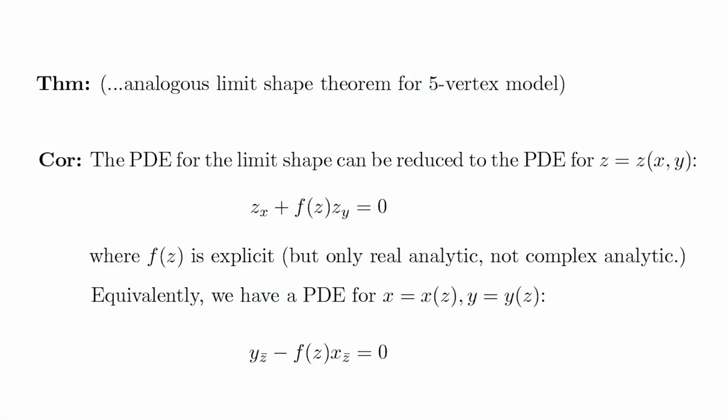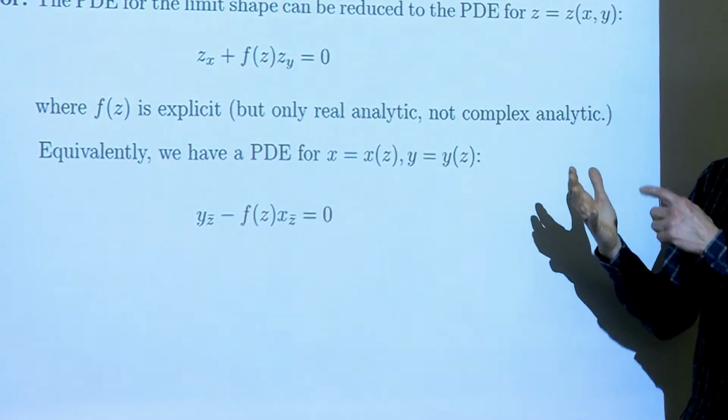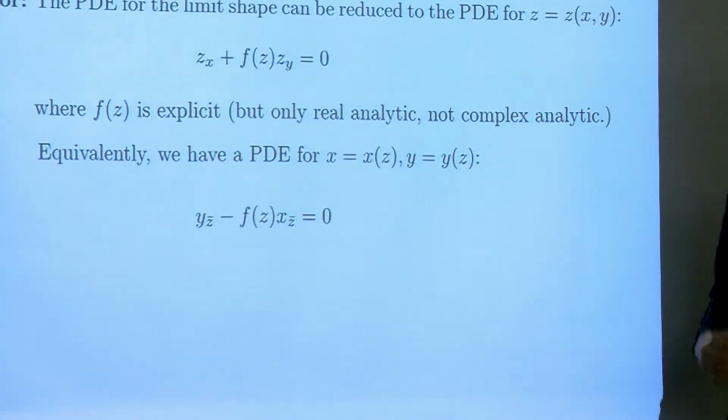Zx plus zy times some function equals 0. But now the function is not a complex analytic function anymore. It's just a real analytic function of the real and imaginary parts of z.